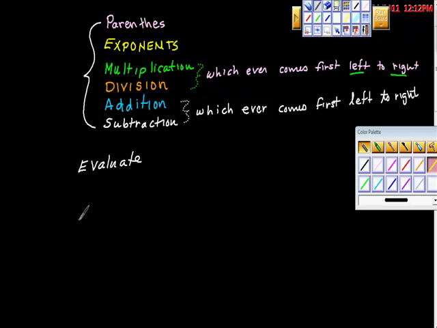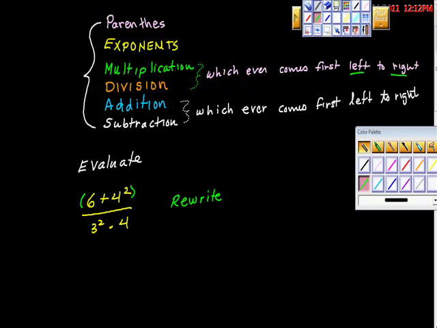So let's evaluate this. 6 plus 4 squared over 3 squared times 4. All right? And what I want to be clear about is this. We can do a rewrite here. And I like to rewrite things to add clarity to what we're doing. So here's my rewrite. That this means this.